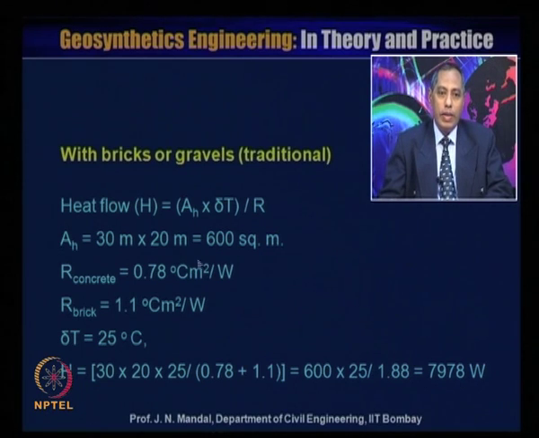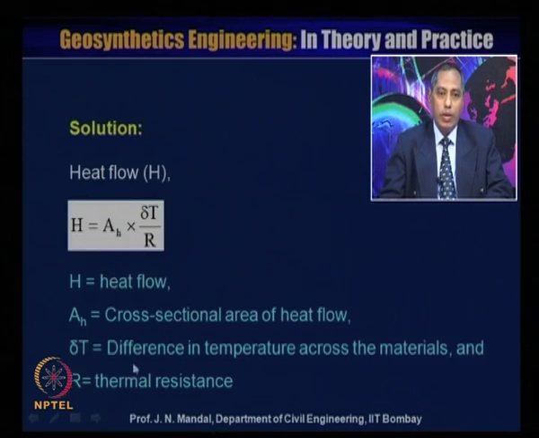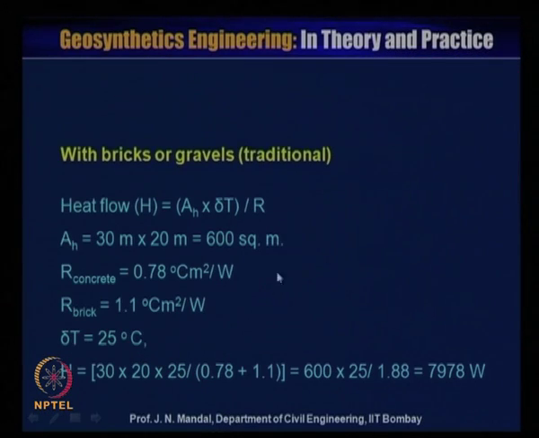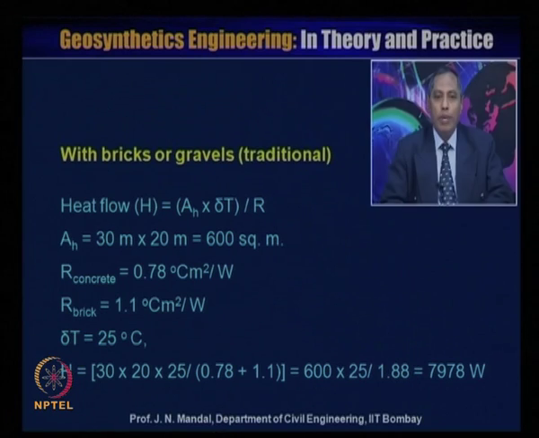The thermal resistance of the concrete is equal to 0.78 degree centigrade meter square per watt. Similarly, thermal resistance of brick, R of brick, is equal to 1.1 degree centigrade meter square per watt.